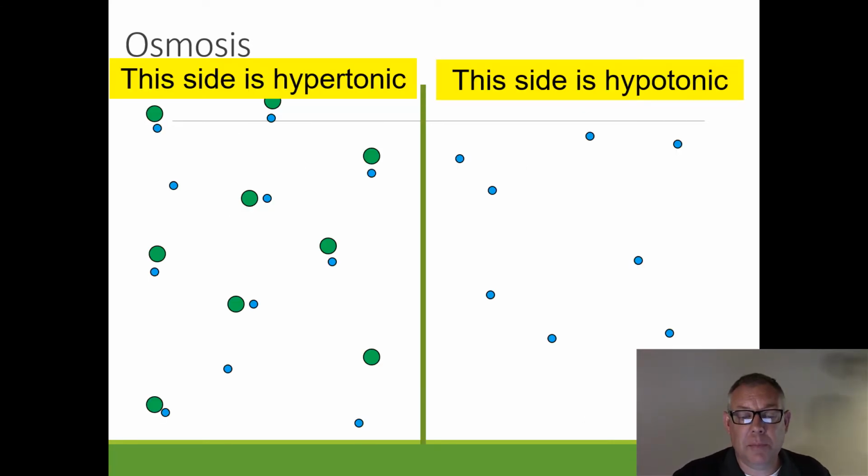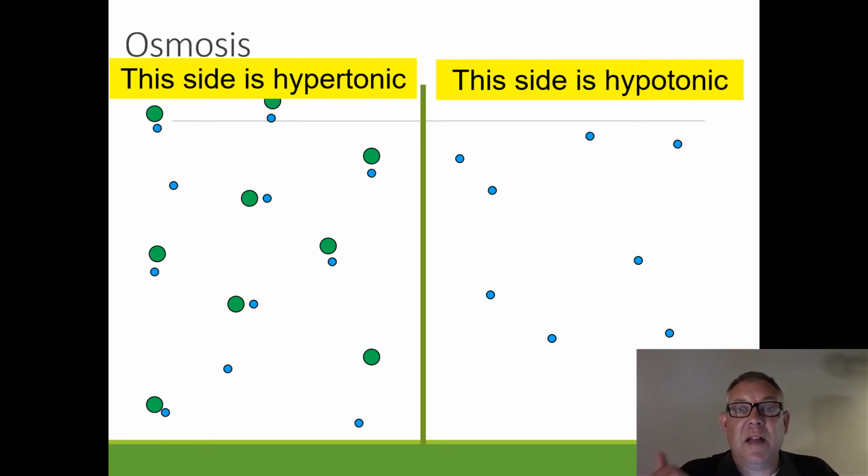And so back to our example, the left side, which has the solute, is hypertonic. It has more solute. Hyper means more. Because it has more solute, it has less free water. So there's less of those free water molecules bouncing around.